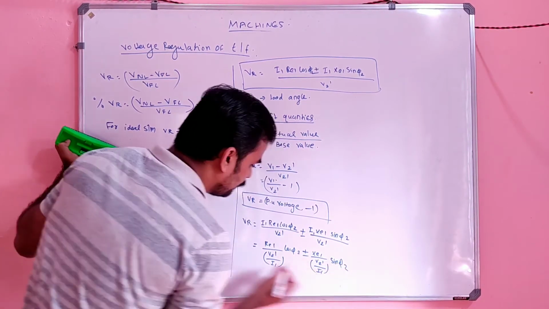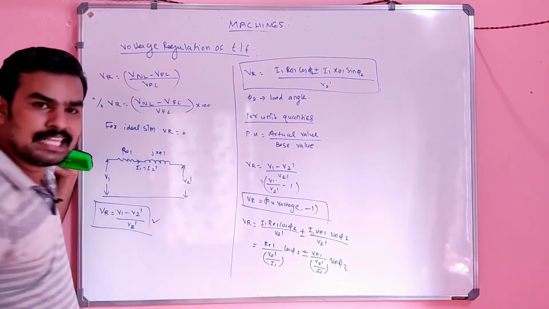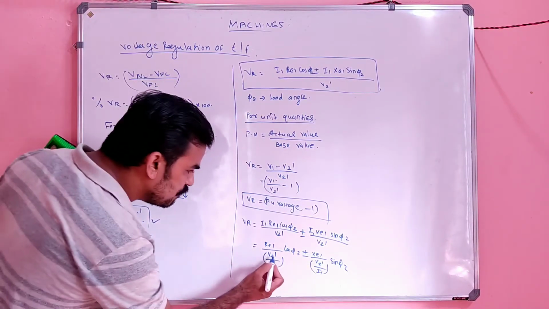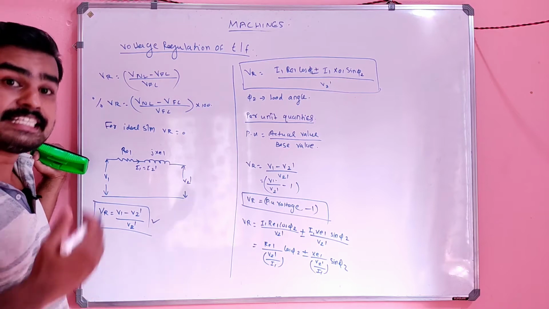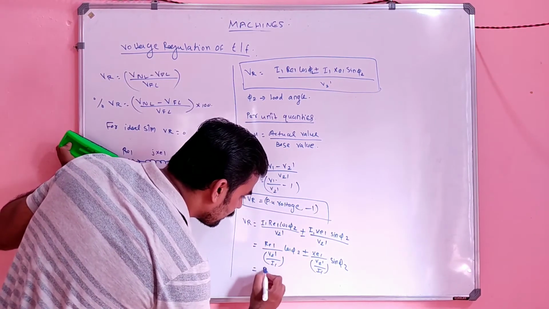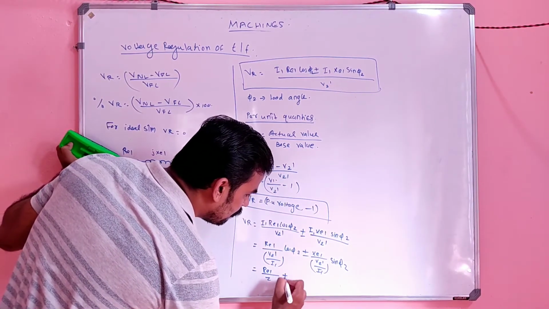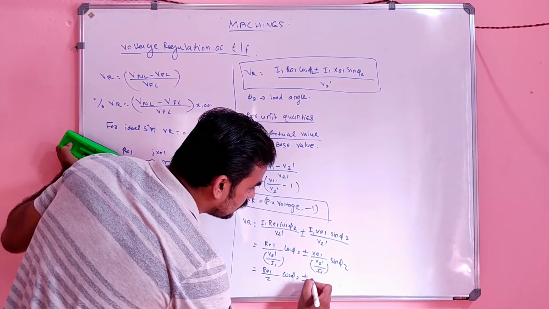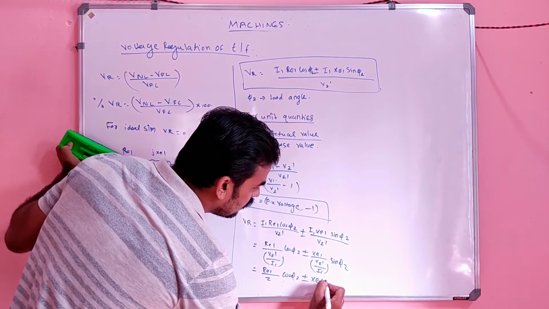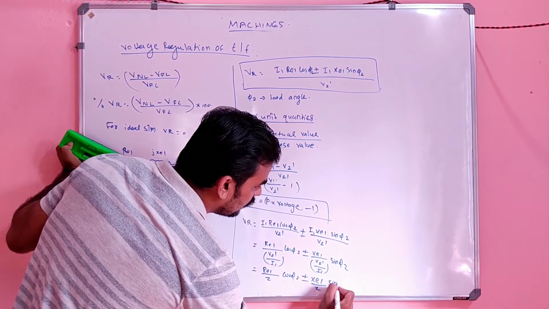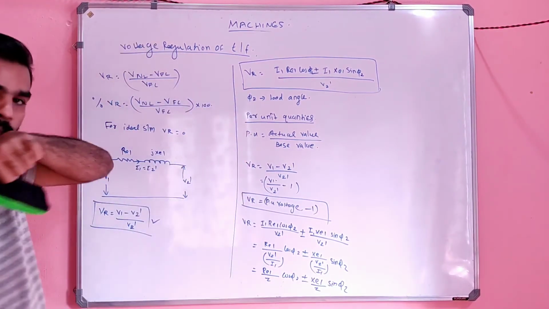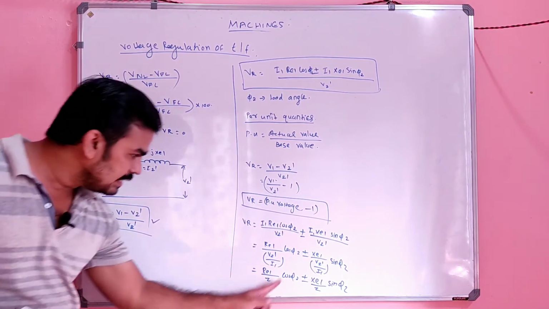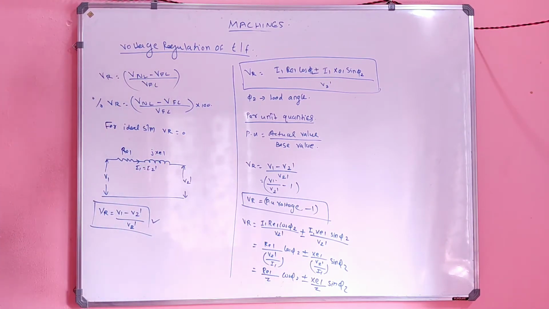This I1 can be taken into the denominator. So what is V2 dash by I1? It is nothing but impedance. So it becomes RE1 by Z cos phi 2 plus or minus XE1 by Z sin phi 2. Is it clear? Can I remove this?